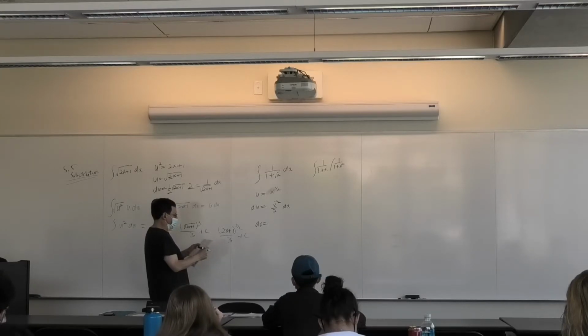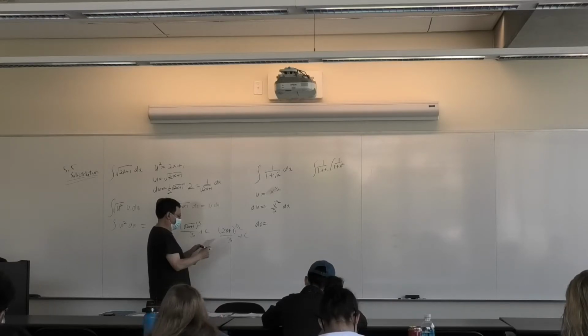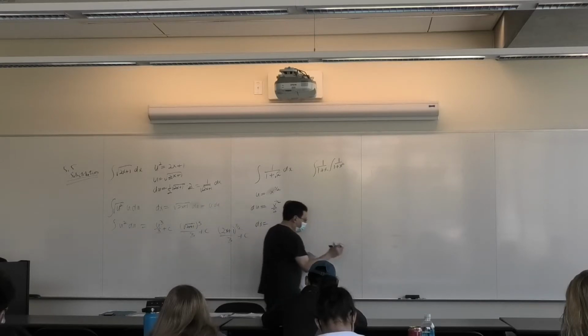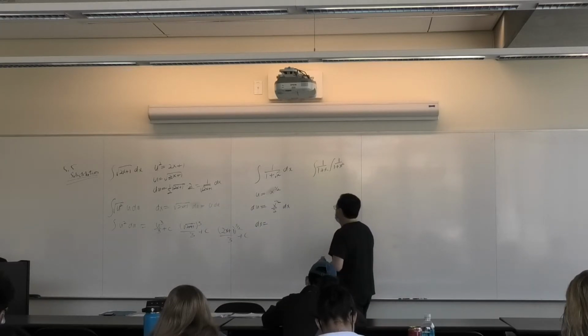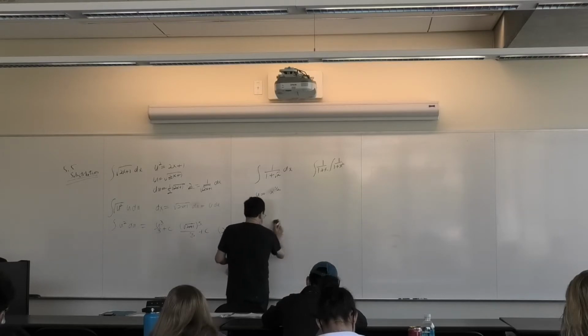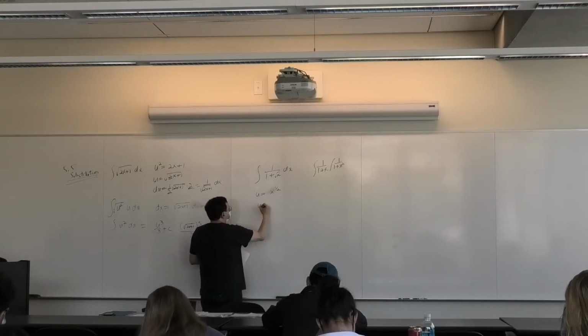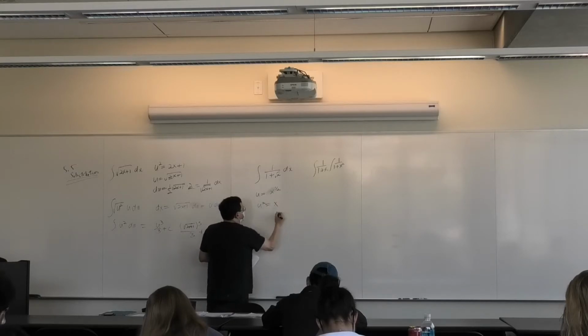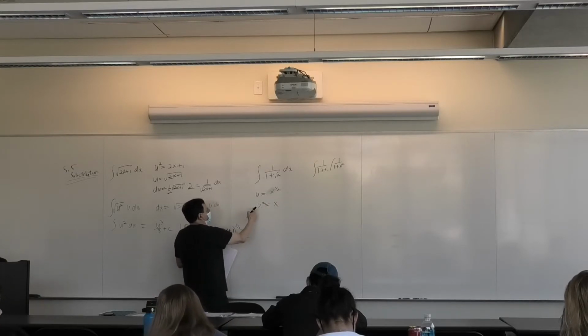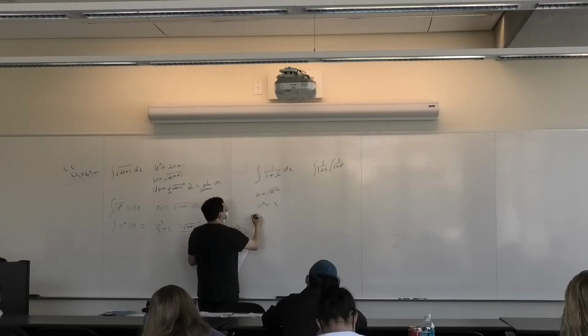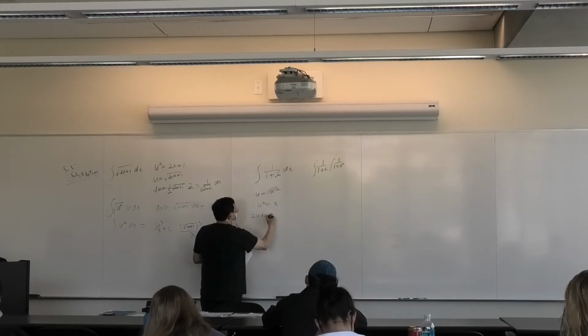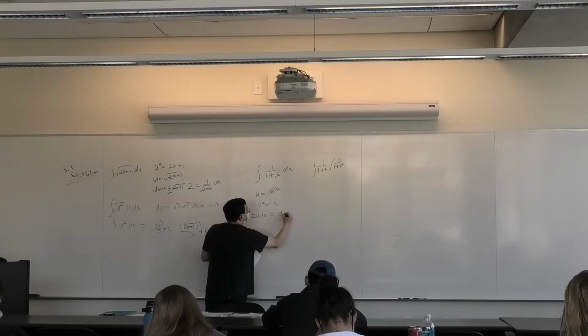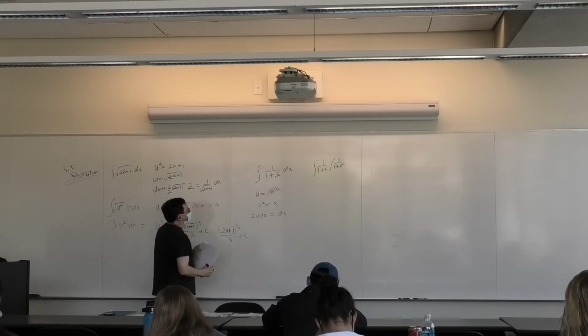I think I'm doing it the hard way, but that's all right. I'm going to make this simpler. This is u squared equals x, right? So the derivative of u squared is 2u du, and this is just dx. That's going to make life easier.